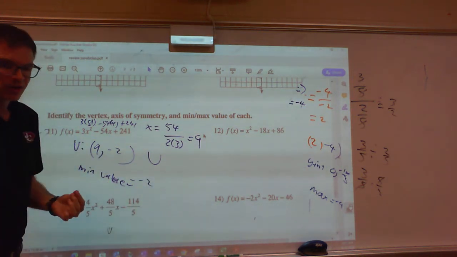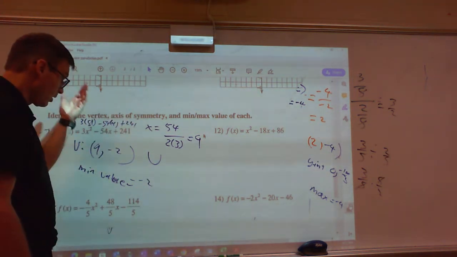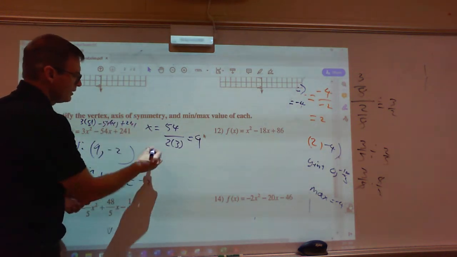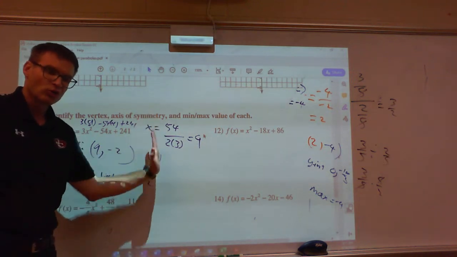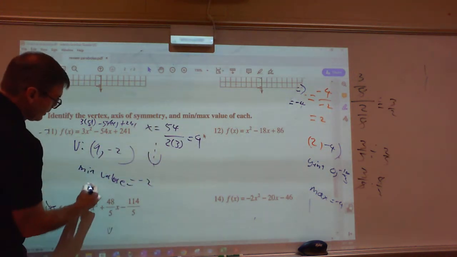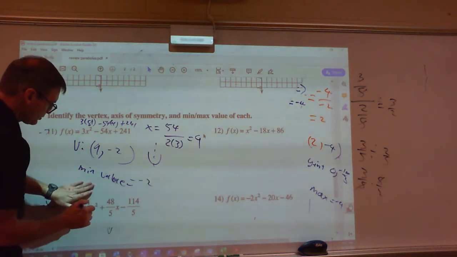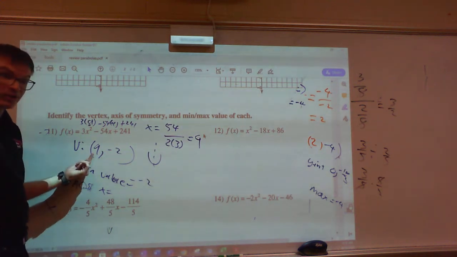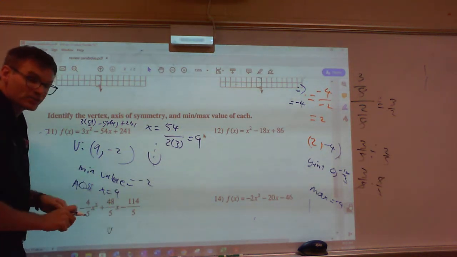The only thing I haven't talked about today, but I talked about on Monday, is your axis of symmetry. Your axis of symmetry is that imaginary vertical line, and it's always going to be x equals whatever the x value of your vertex is, which is x equals 9.